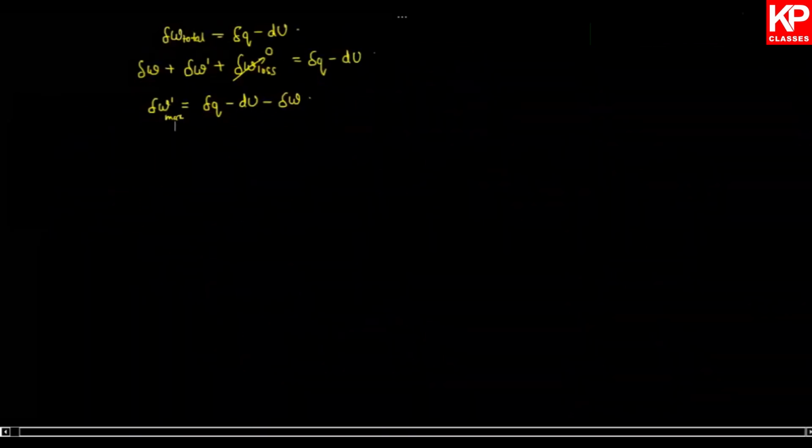If you consider this equation, we have already seen that del Q is equal to TdS and del W, that is the mechanical work done, is given by PdV. So you can directly write it here as TdS minus dU minus PdV, right?